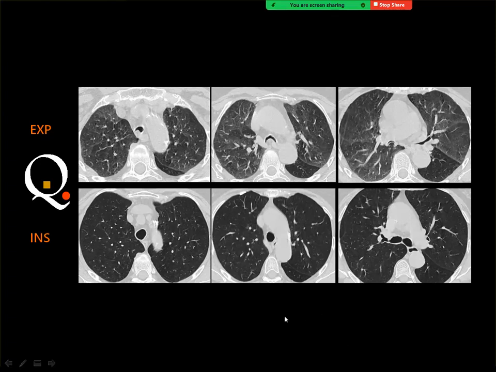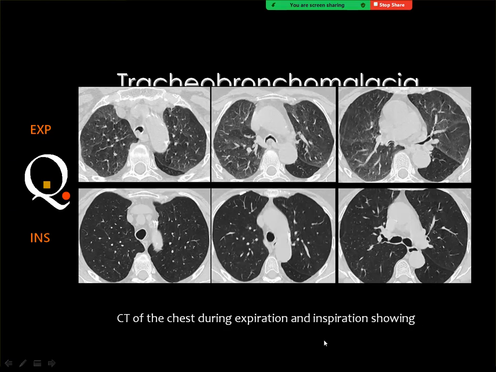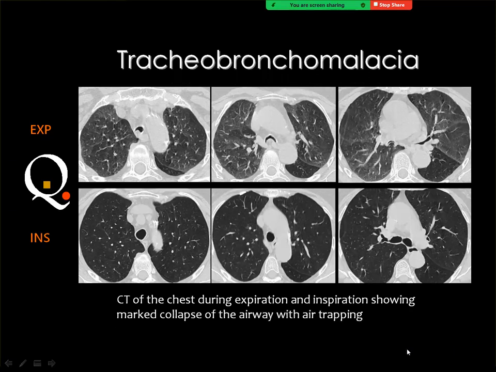This diagnosis cannot be made unless you have these two images. If you see the trachea like this, the trachea should be rounded. And if the scan is obtained during expiration, then you can see the trachea is collapsed and also the main stem bronchi, and you can easily diagnose tracheobronchomalacia.